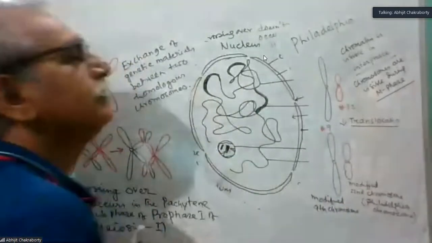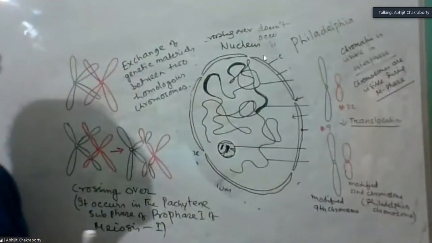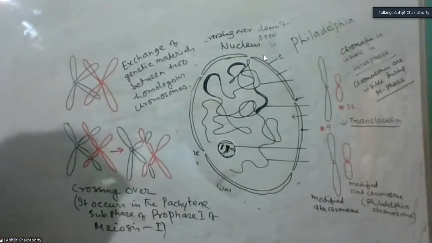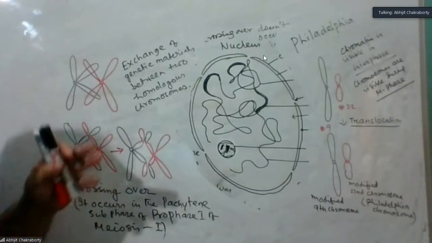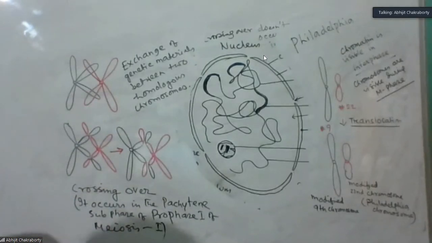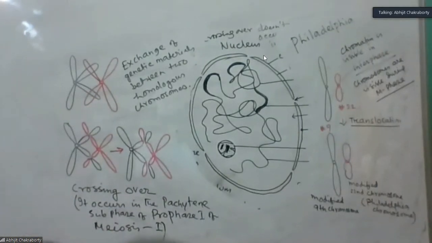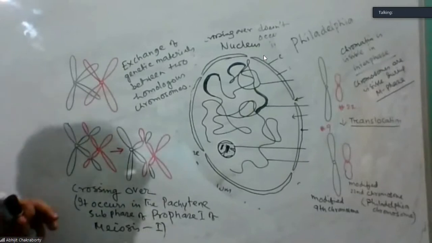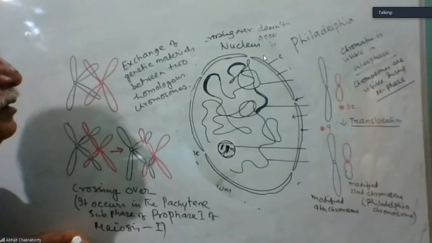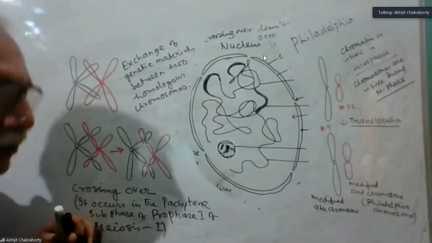M phase means prophase, metaphase, anaphase, and telophase together. So this is about chromatin and chromosome. I think it is clear to you now. So what is chromatin and what is chromosome? So next part, here we can discuss some of these chromosomes now.